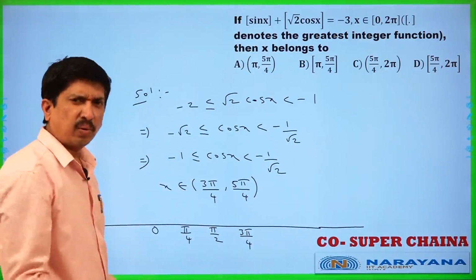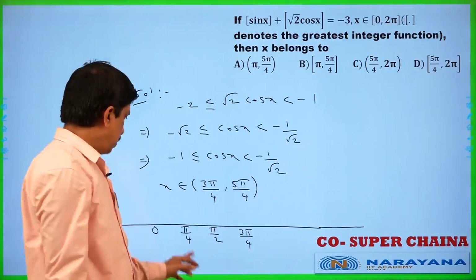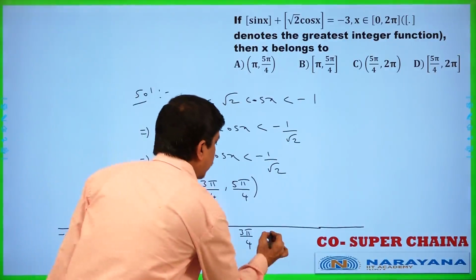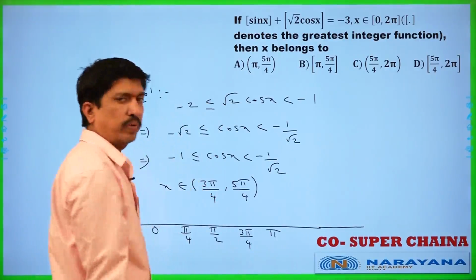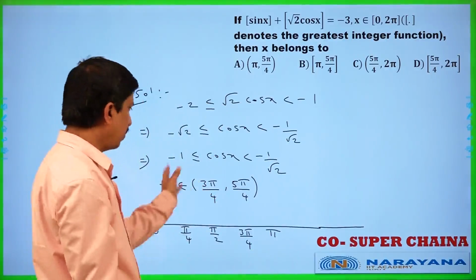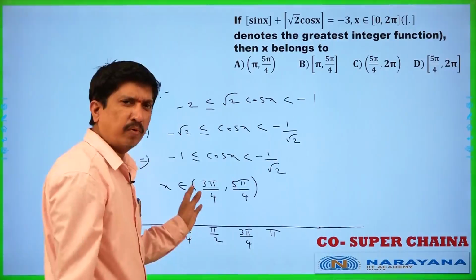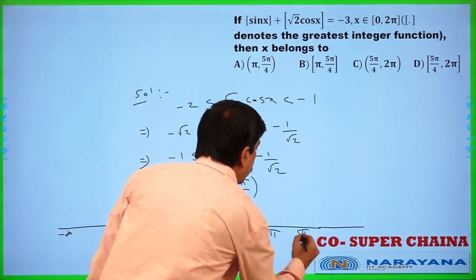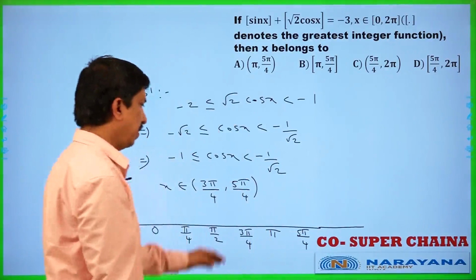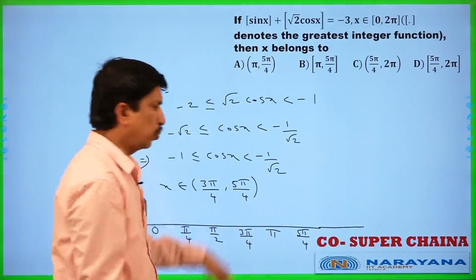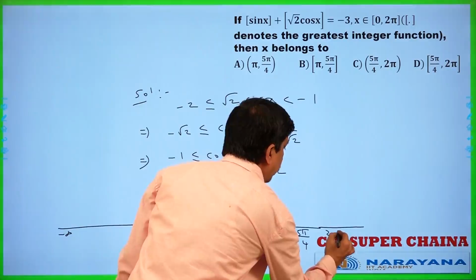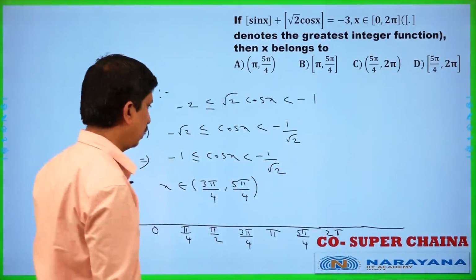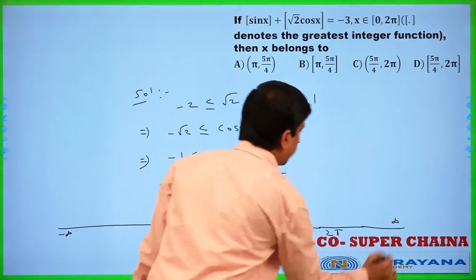Whatever we require, that only we will mention on the real line. Now 45, 90, 135, after that this is 180. After that I will pick up the 225. 5 pi by 4 is nothing but 225. This is 5 pi by 4. After that directly I will go for the 2 pi only. Now 2 pi, if you extend this one, plus infinity goes there only.